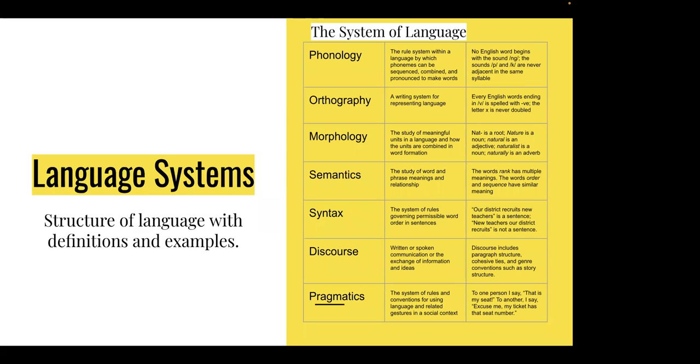Orthography is the writing system, and that's using the graphemes. For example, the letter X is never doubled, and every English word ending in V is spelled with VE, even though the E doesn't make any sound.